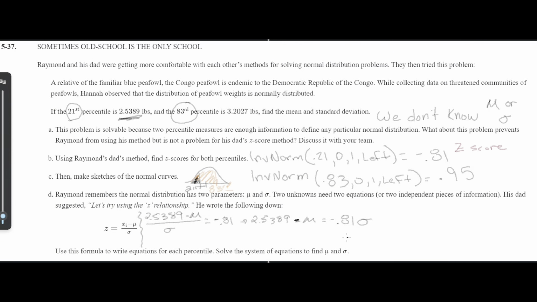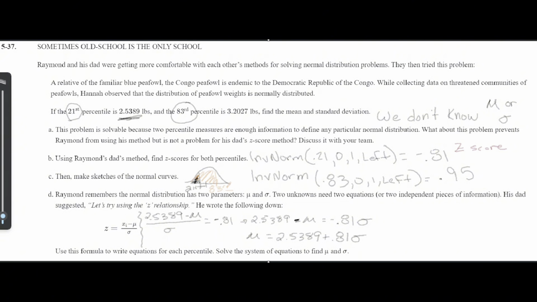So now I'm going to go ahead and just solve for mu. So don't get confused. What I do is I add the mu to the other side so it becomes positive, and then I add the 0.81 sigma to the left side so that becomes positive. So I get mu equals 2.5389 plus 0.81 sigma.